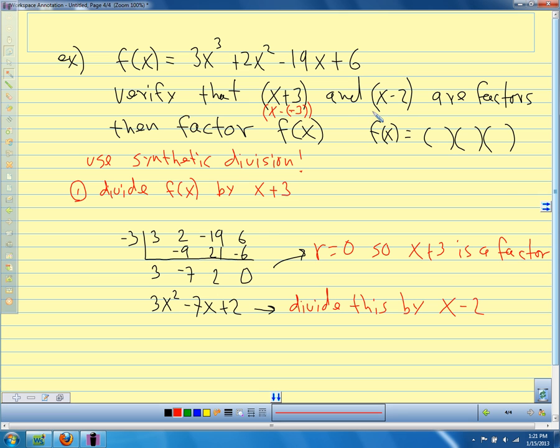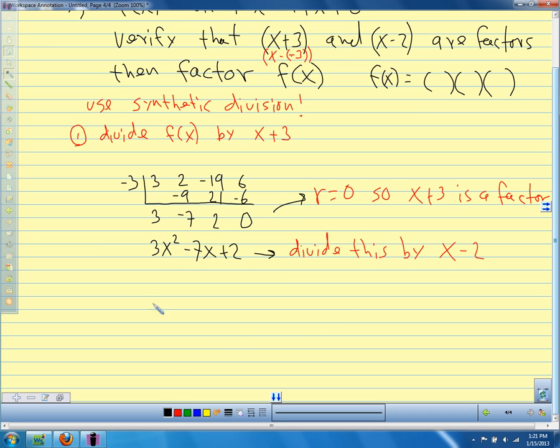So it's like saying if I can divide 12 by 2 and I get 6, and I can divide 6 by 2, then 2 is a factor of 12 and 6. It's the same idea. I could go back and divide the original polynomial by x minus 2, but we want to reduce our exponents. This is going to reduce our work. So I'm going to divide this by x minus 2.